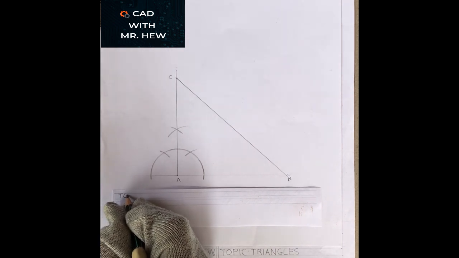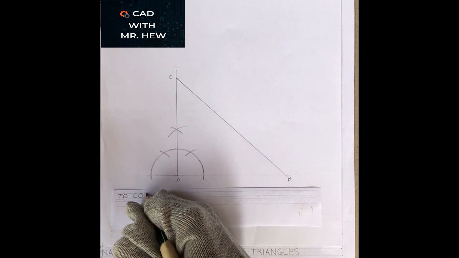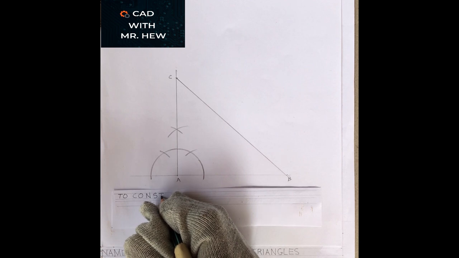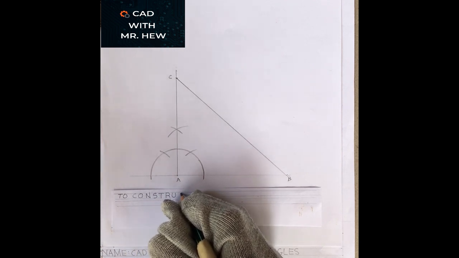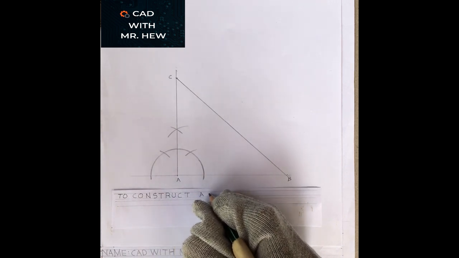So we're going to write 2, construct, a triangle.